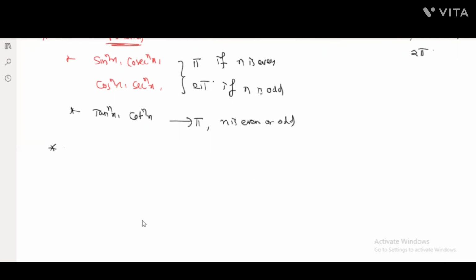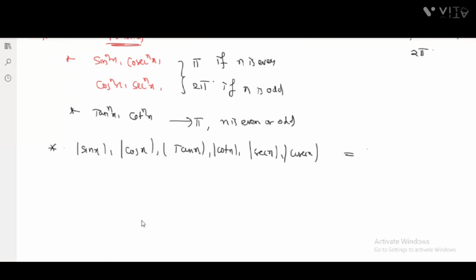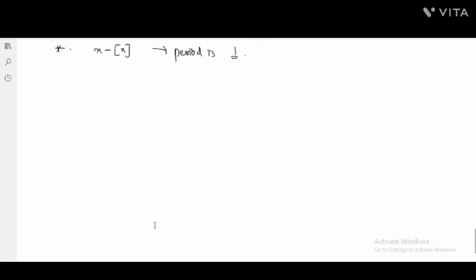And next, when you have the modulus, like mod sin x, mod cos x, mod tan x, mod cot x, mod secant x, mod cosecant x, for all of these the period is common, that is pi. And for x minus box of x, which is the least integer function, the period is 1.